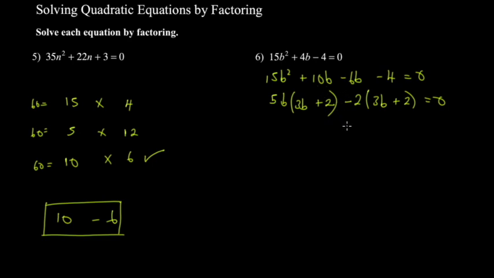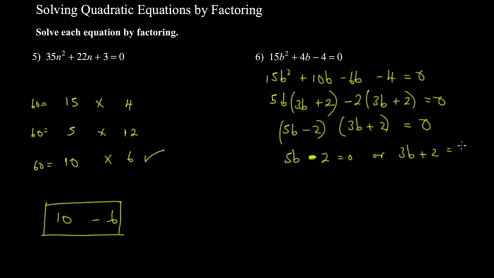Then you can investigate your mistake. So here you'd get 5b minus 2, then 3b plus 2, equal to 0. Then 5b minus 2 equal to 0, or 3b plus 2 equal to 0.